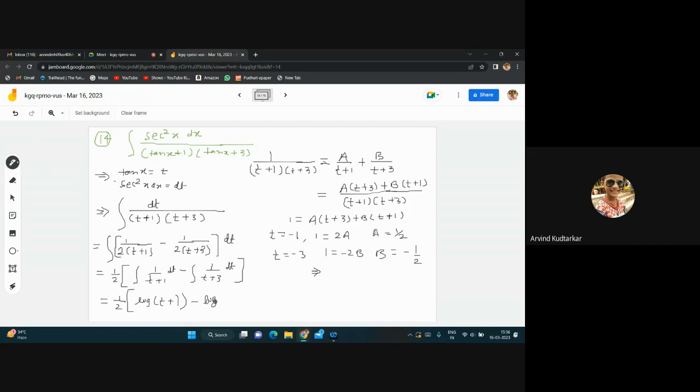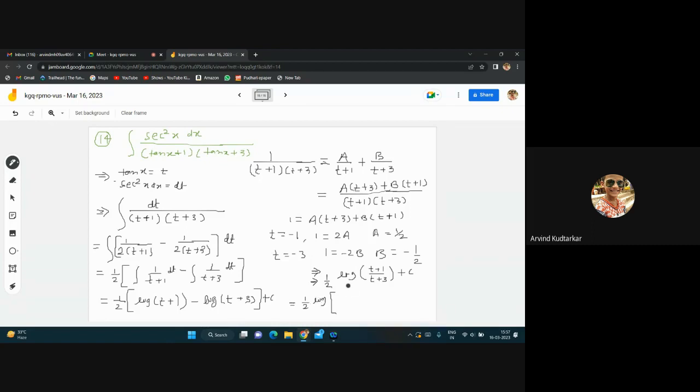So also we know that 1 by 2 times into क्या असणार सांगा, log of a minus log of b. मतलब आप कैसे लिखोगे, log of t plus 1 upon t plus 3 प्लस सी. लेकिन फाइनली क्या होगा रे, 1 by 2 टाइम्स इंटू log of t.